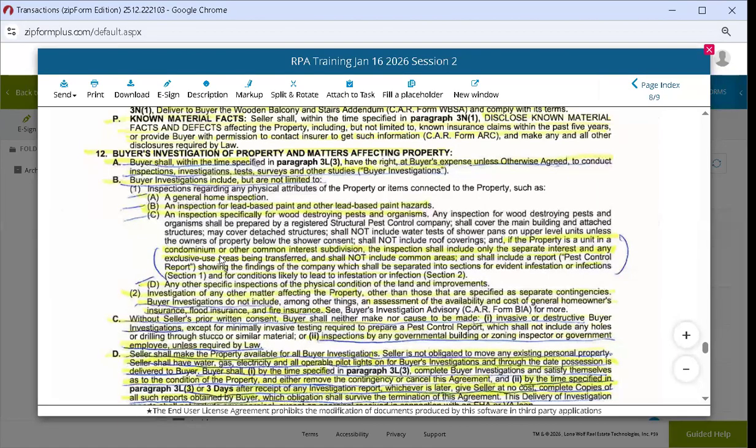We can't get a regular home inspector; we have to get a special contractor. For the HOA, you have to have a special inspector, because the home inspectors are not going to take liability for that. That's a special inspection.